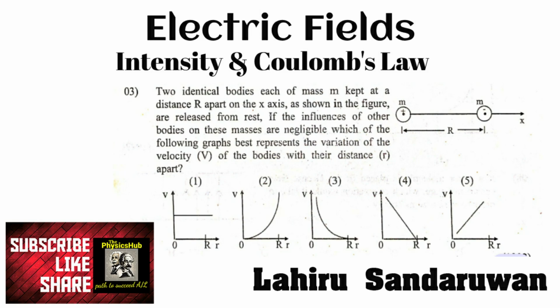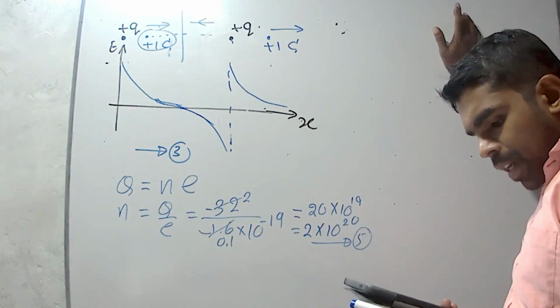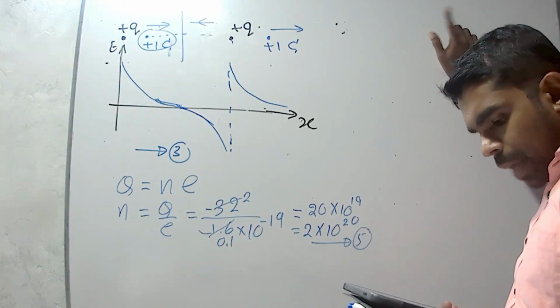Two identical bodies, each of mass m, kept at a distance r apart on the x-axis as shown in the figure, are released from rest. If the influence of other bodies on these masses is negligible, which of the following graphs best represents the variation of velocity v of the bodies with their distance r? Now they have given opposite charges, plus and minus.